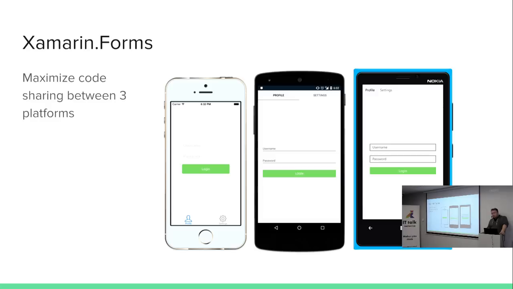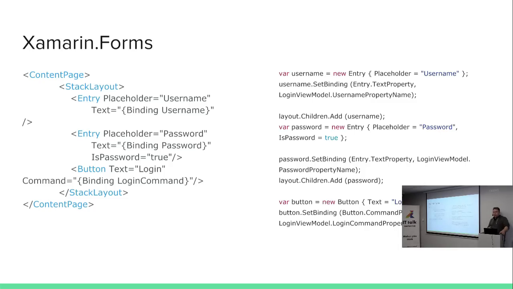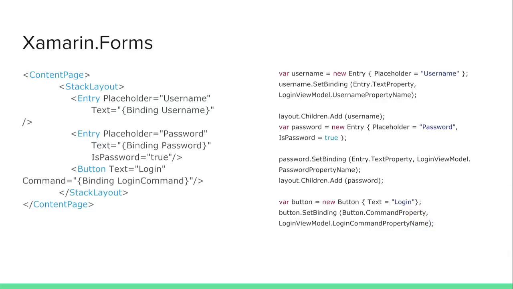So Xamarin.Forms provides you a way to construct your UI in two ways. You can use XAML, as the most convenient for someone. If you like XAML, you can use XAML. I don't like it personally, because for me it's something from the HTML world.